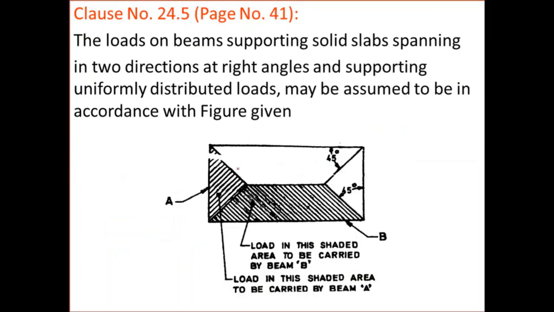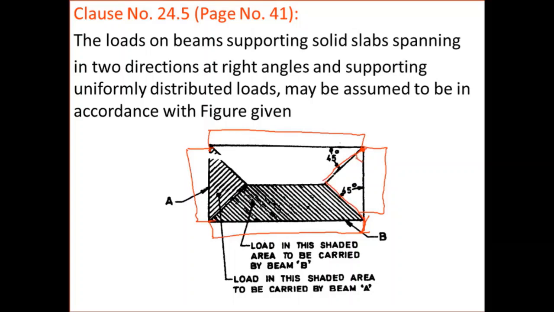Now a slab is there like this. From the slab, load will be distributed to the adjacent supporting beams like this. How will the load be distributed? At the short span, at the short beams, draw a triangle at 45 degrees.